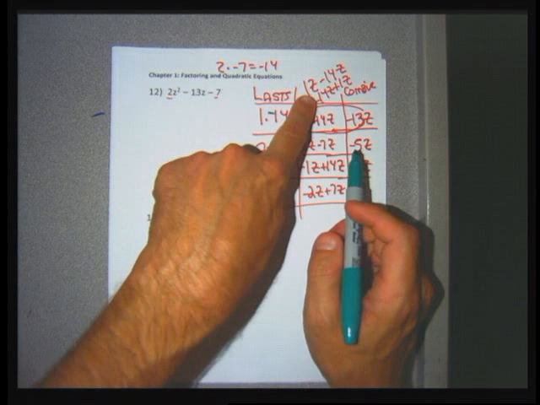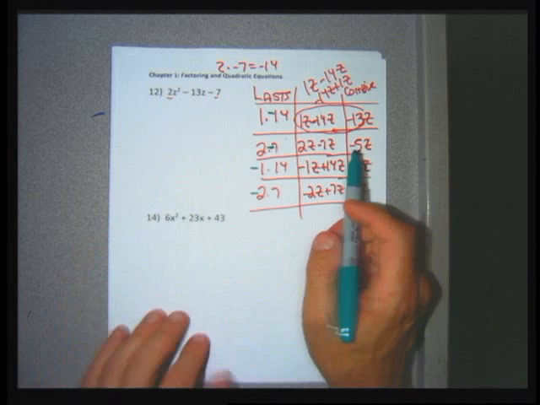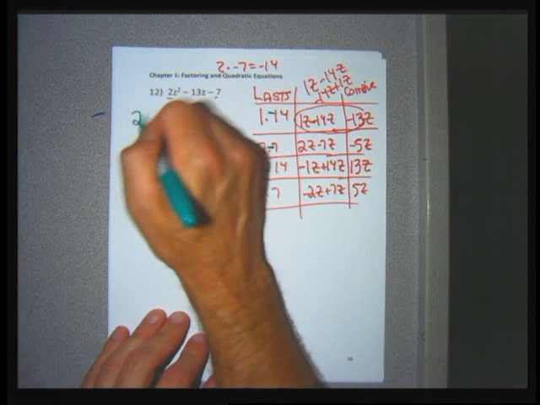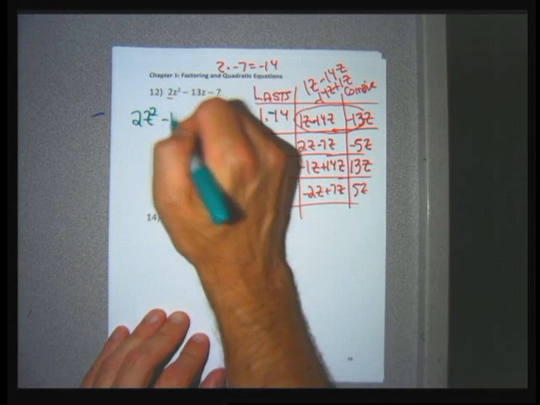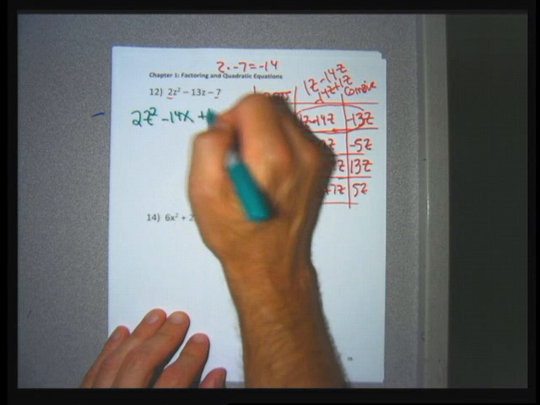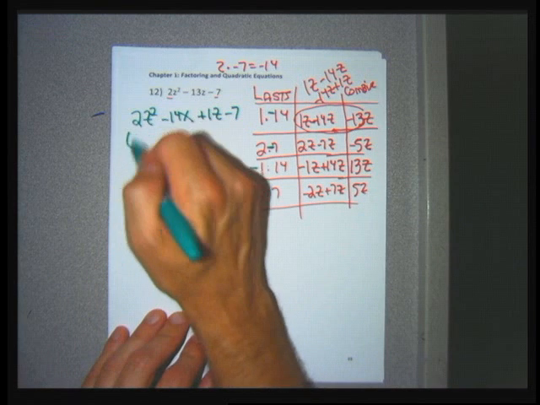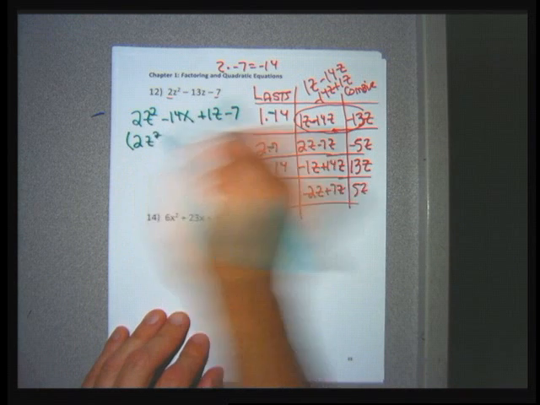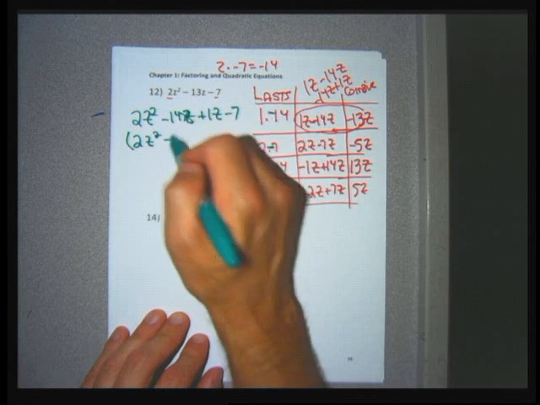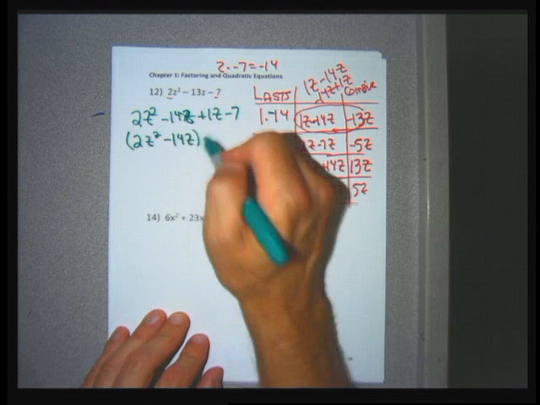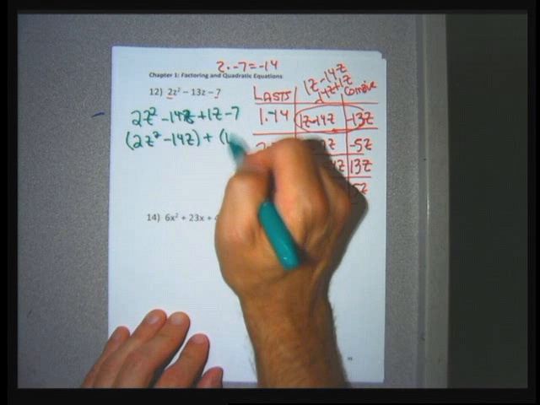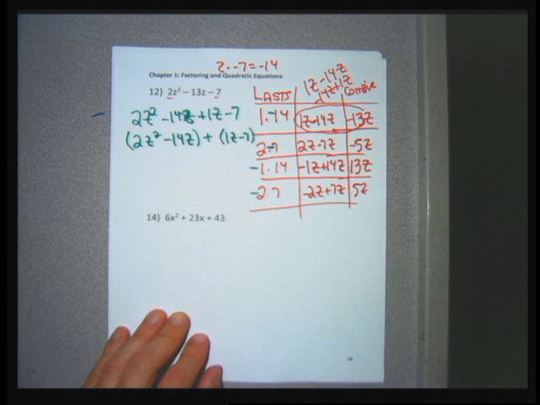And if you change it to negative 14z plus 1z, you're not factoring out a negative. So I'm going to rewrite this as 2z squared minus 14z plus 1z minus 7. Make my parentheses, 2z squared, again I wrote the x, minus 14z plus 1z minus 7.